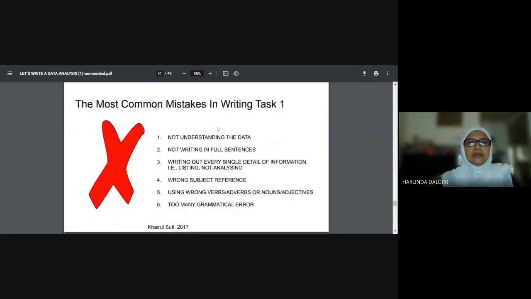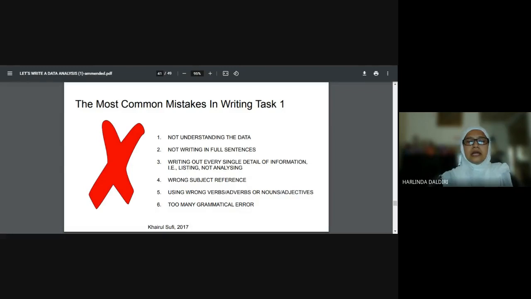Okay, so the most common mistakes in Writing Task 1: not understanding the data, meaning that you don't really understand what this is about, and you don't understand whether this is static or dynamic. Not writing in full sentences. Writing out every single detail of information, listing, not analyzing.